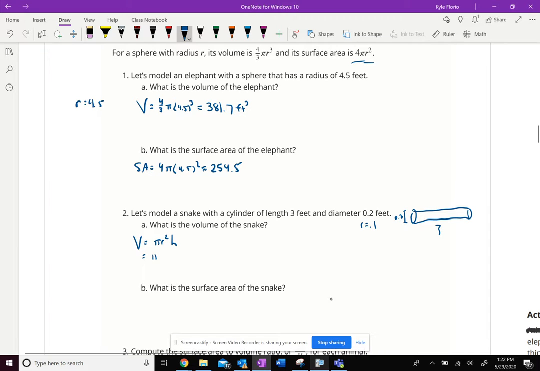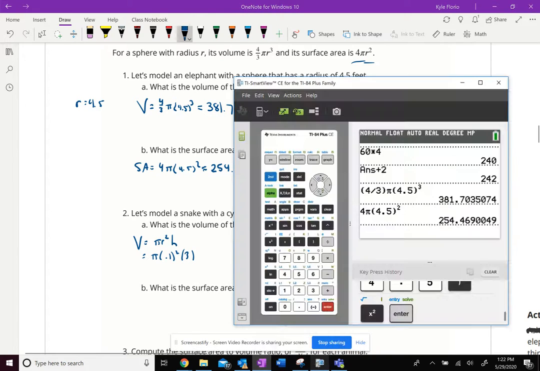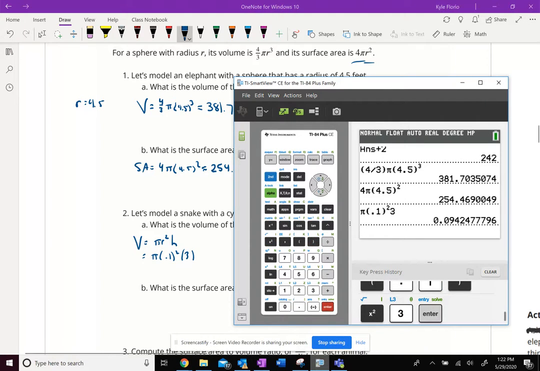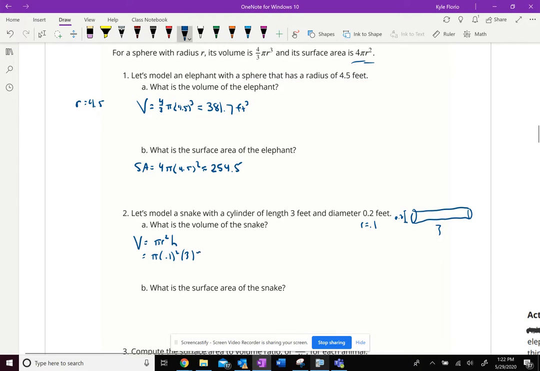So the radius is 0.1 squared times the height, which is 3. Put that in the calculator again. We have pi times the radius squared times the height. So it's about 0.09. And snakes are really skinny. You can't really fit a lot of volume in there, so that's not that surprising.